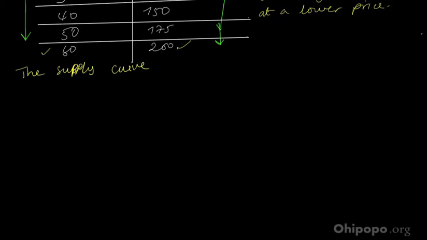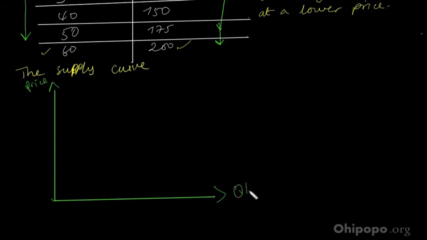Let us draw our curve. This is the y-axis, and this is the x-axis. This is the price axis, unlike that of demand too. And this is the quantity supplied axis. Okay, our origin. The price ranges from 20. So let's assume this to be 1, that's 20.